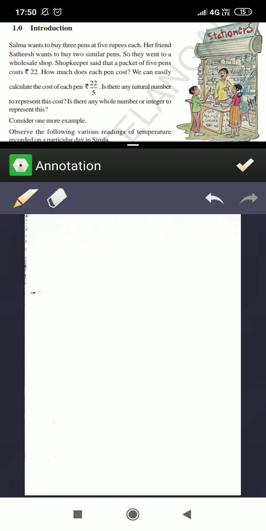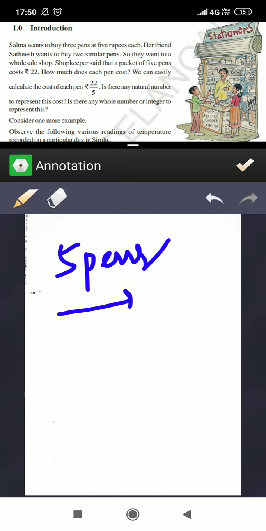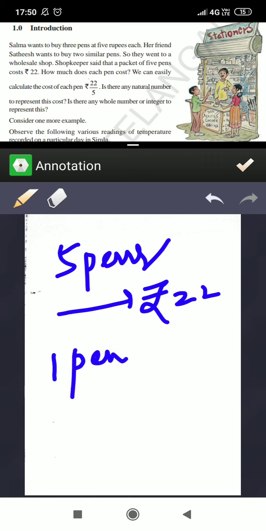So the wholesaler said a packet of 5 pens costs rupees 22. Then how much does each pen cost?